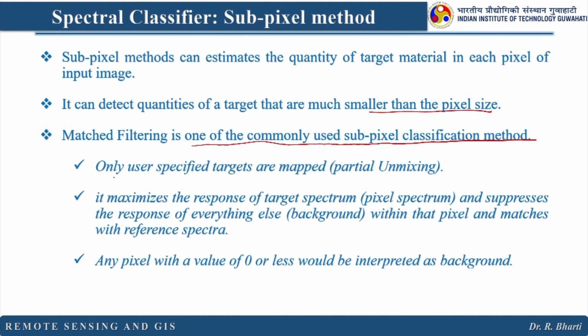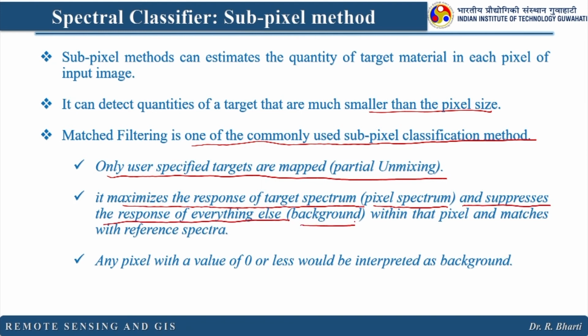Here only user-specified targets are mapped, that is partial unmixing. That means it is not going to resolve all the materials present in that image. It maximizes the response of the target spectrum, that is basically the pixel spectrum, and suppresses the response of everything else, that is the background, within that pixel and matches with the reference spectra.